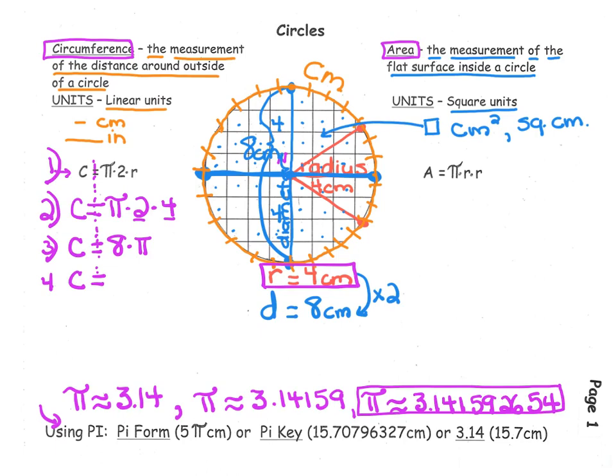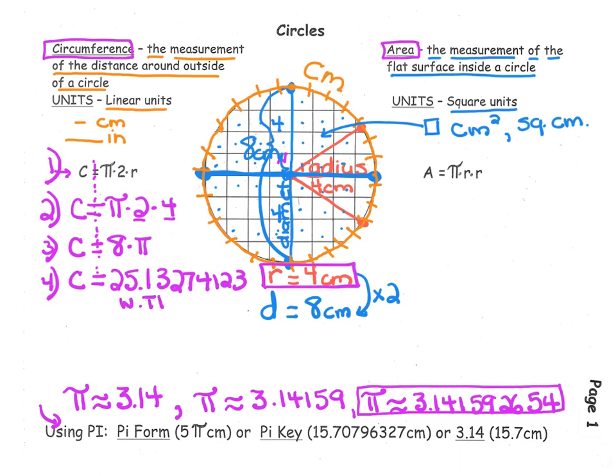Take a moment and punch in 8 times pi and record your entire answer on your paper. This is the value that should have appeared on your calculator. We're going to round to the nearest tenth of a centimeter.